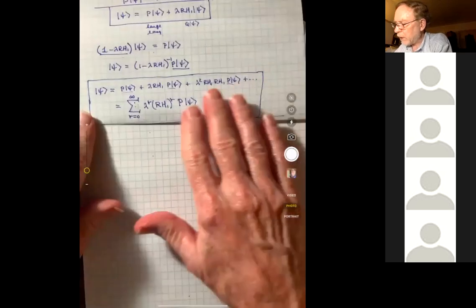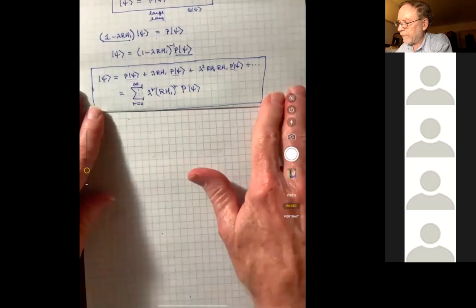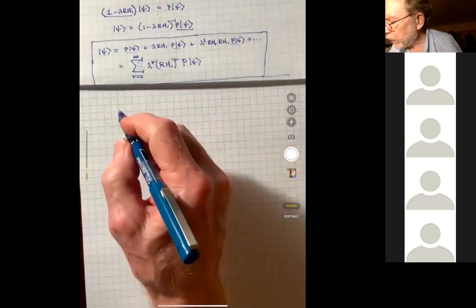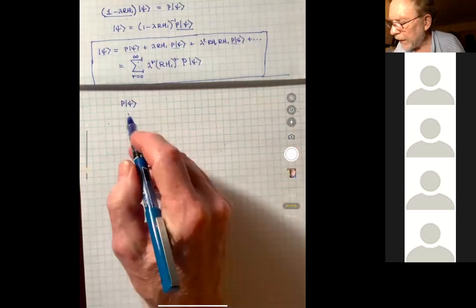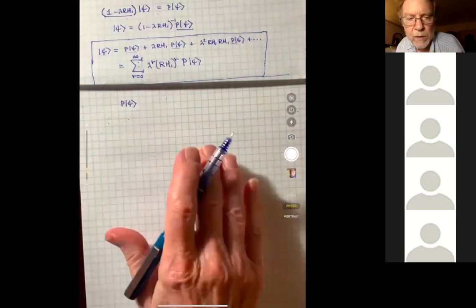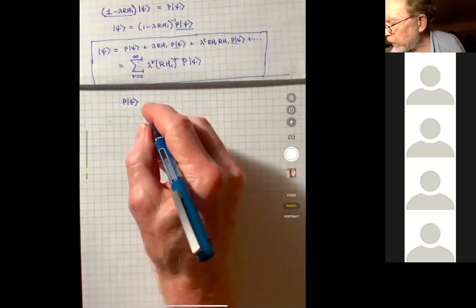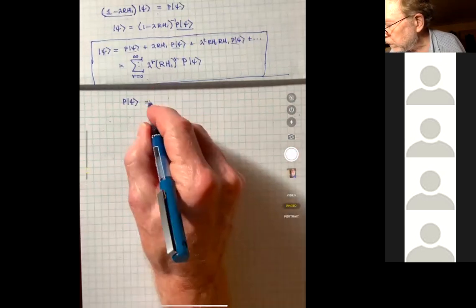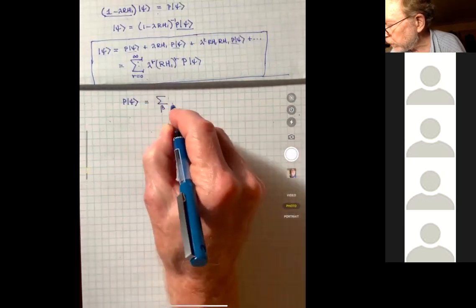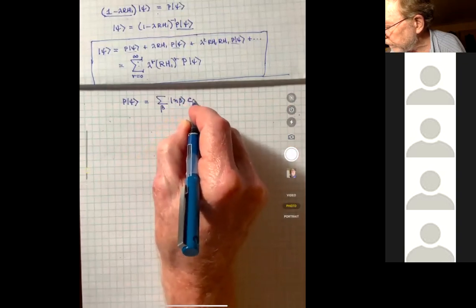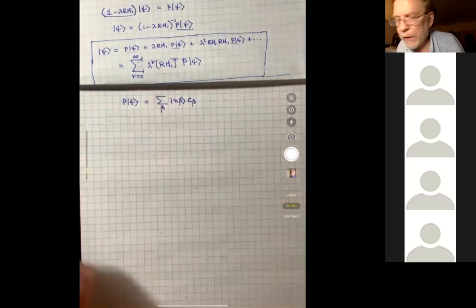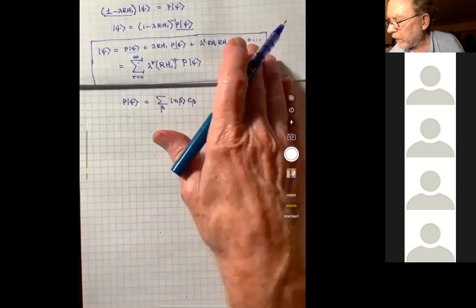And let's start talking about the degenerate case. So in the degenerate case, P psi lies in the unperturbed eigenspace. Therefore, P psi must be representable as a linear combination of the vectors in beta with coefficients I'll call C beta.